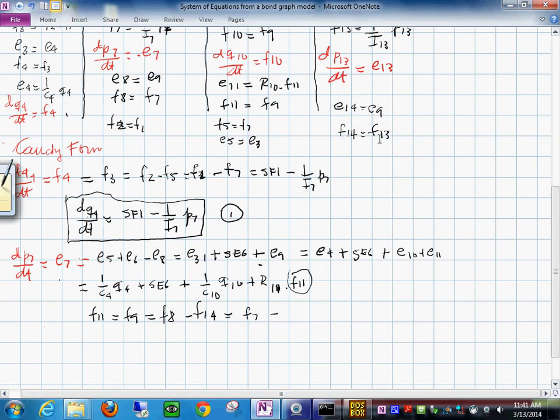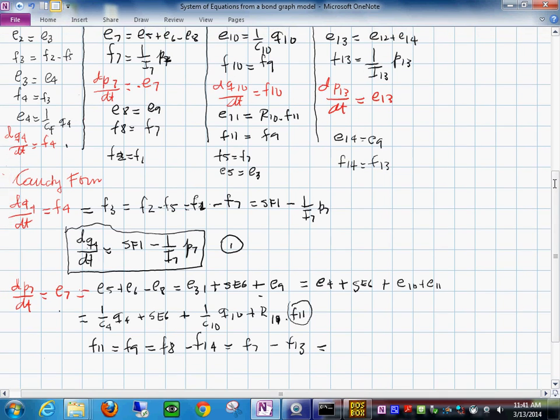And then we have F7 minus, no, F14 is F13. And F7 is the one that is up here on the left hand side. You see it there? F7 is 1 over I sub 7 P sub 7 minus 1 over I13 P13.